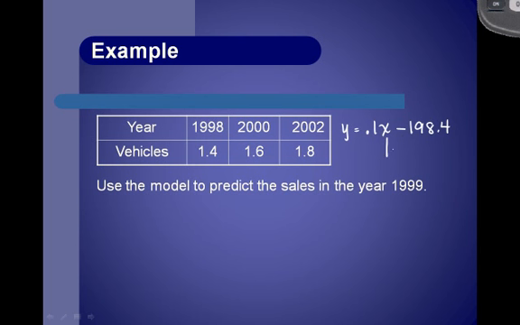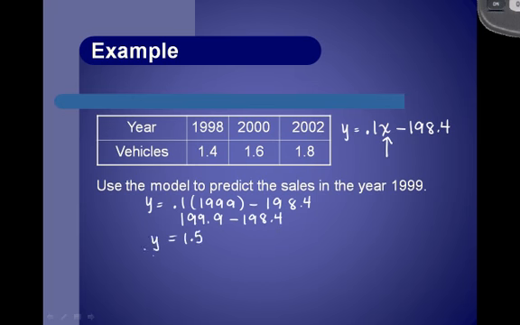So what we're going to do is take the year 1999 and plug it in for x. Y equals 0.1 times 1999 minus 198.4. So that would be 199.9 minus 198.4, which gives us 1.5.